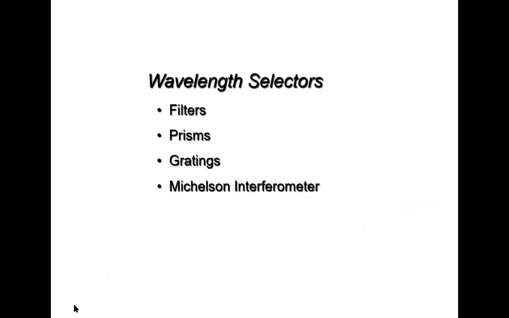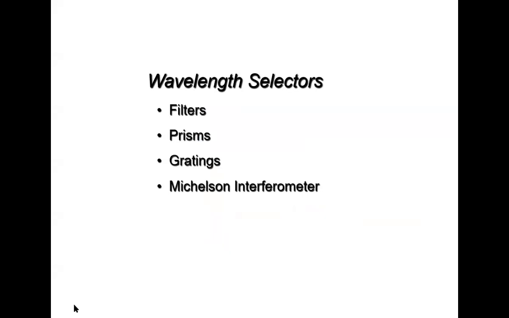Let's move forward. This is what we've talked about regarding the source. When we are talking about filters, what specifically were we concentrating on? We were looking at selecting a wavelength. Filters are wavelength selectors, and you can also use prisms to select a wavelength.